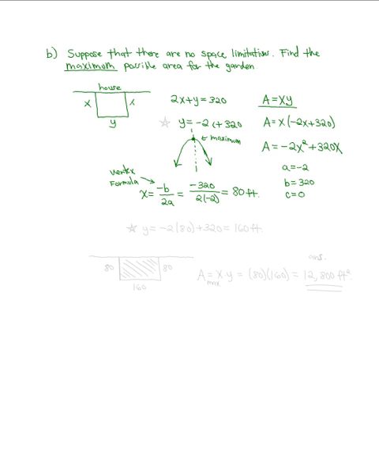So we can figure out what the y is. I'm drawing a star right here. This star is what we're going to be using to plug in for y, and the star down here as well. So I'll plug in my 80 feet, so I get negative 2 times 80 plus 320.